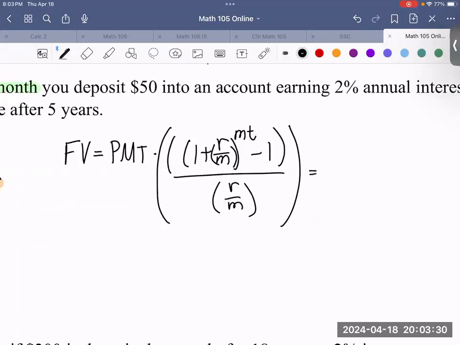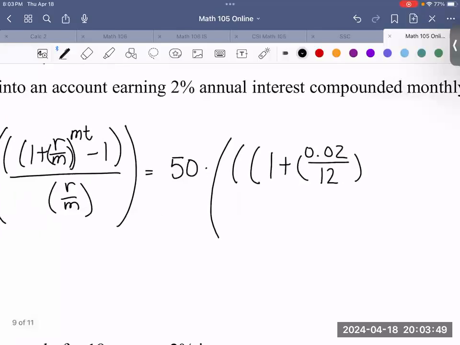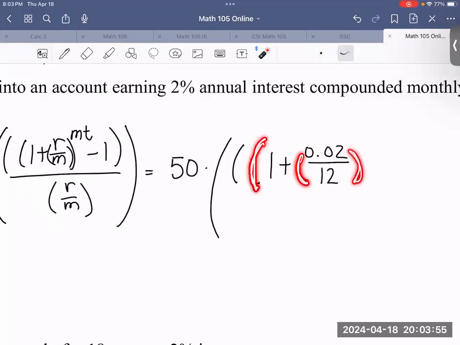So we have $50 times, and I'm going to put it in here as if I were putting it into my calculator. So opening up two more, 1 plus 0.02 over 12. So I would probably put this in a series of parentheses as well. So I've opened this one, I've closed this one, which means I've opened this one and now need to close a second set.